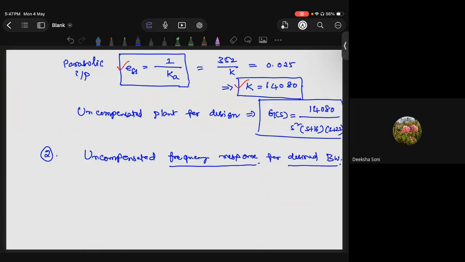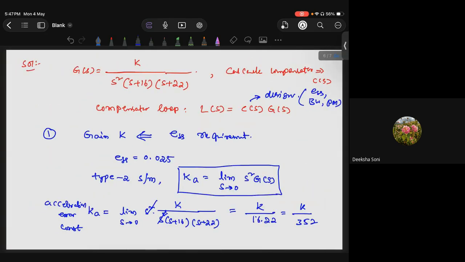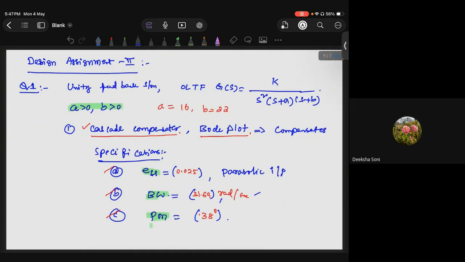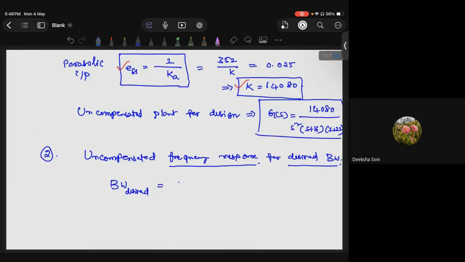What we need as the desired bandwidth is 31.69 radians per second.